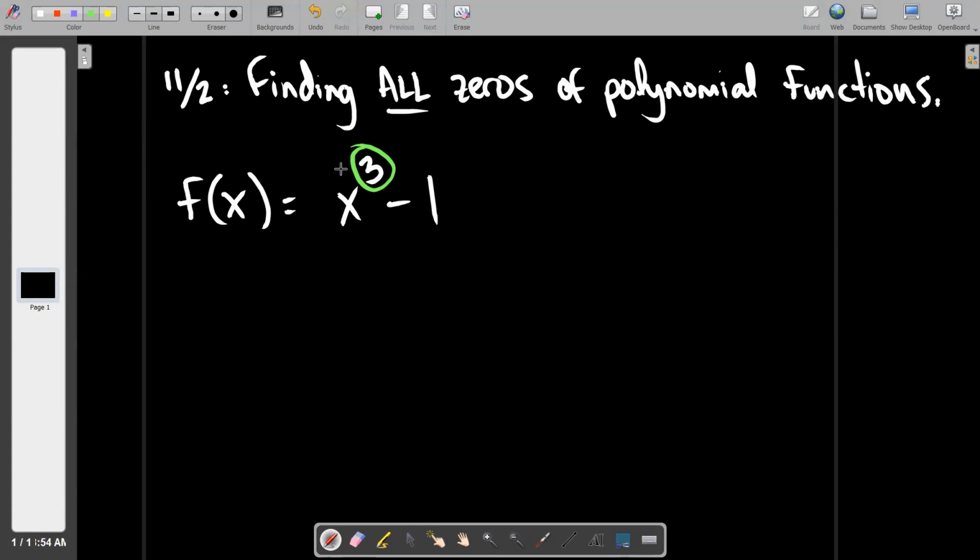So let's get to it. I wanted to show you that today's lesson is sort of a mishmash: sometimes it's good to do the rational root theorem, remember that with the synthetic division, and that's not what we're going to do in this problem. Why? We recognize him.